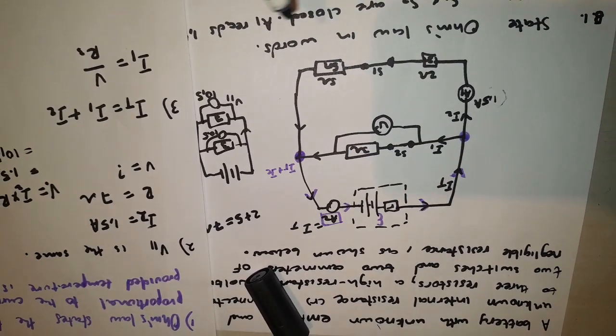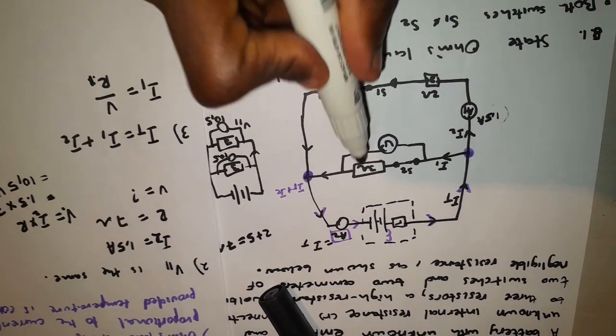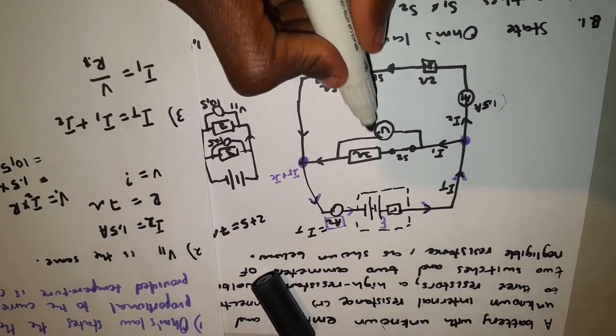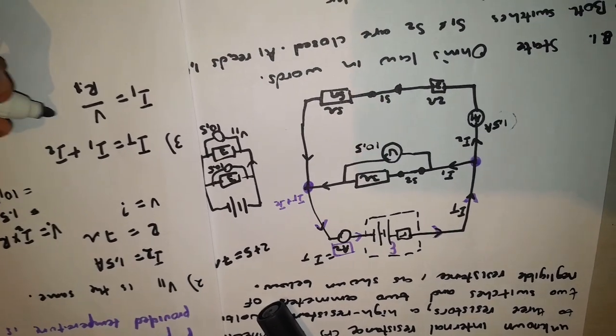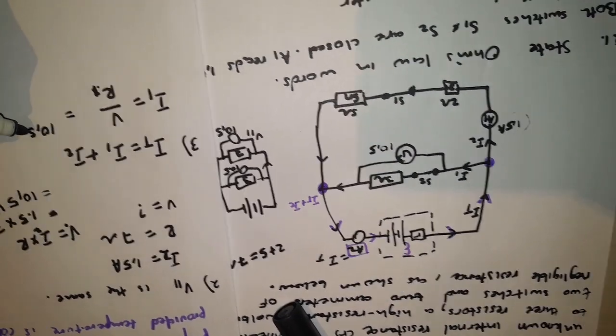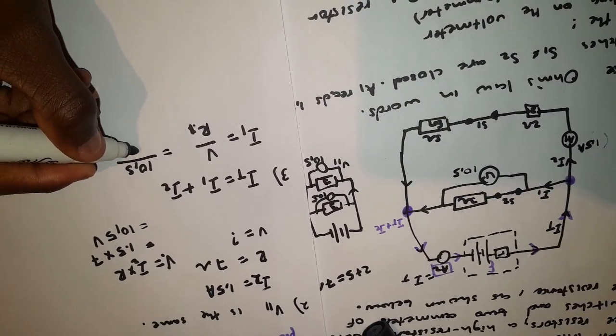The voltmeter reading here reads 10.5. So it's 10.5 over 3.